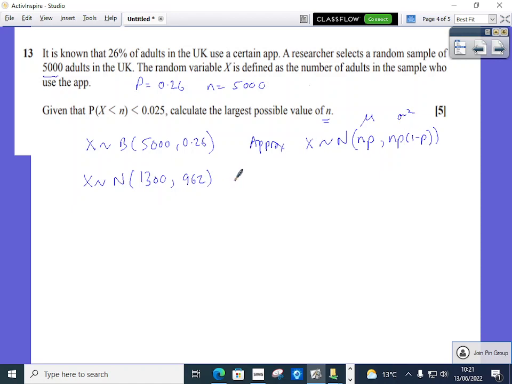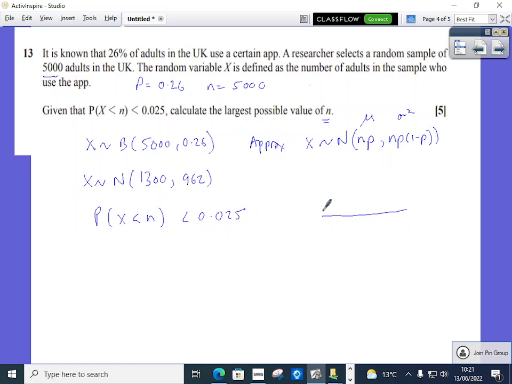Now let's set this up: we want the probability that X is less than N to be less than 0.025. If you get your calculator out, have a look at it. Before you do, double check it's doing it the right way.